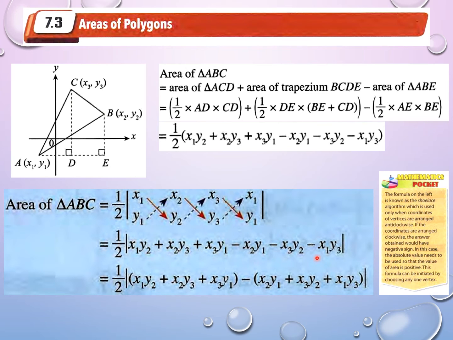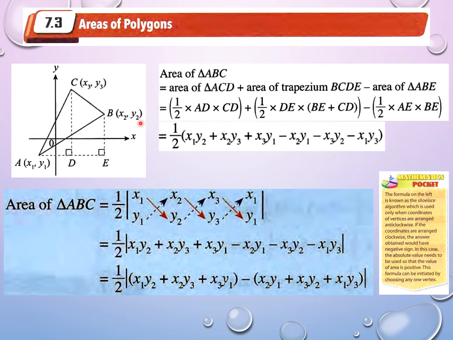But one thing here, you see this modulus sign. So what is the modulus for? You can read here, the value of the area depends on the position, how we take the coordinates. If we take it anti-clockwise or clockwise, if we arrange x1, x2, x3 this way, this one is anti-clockwise.